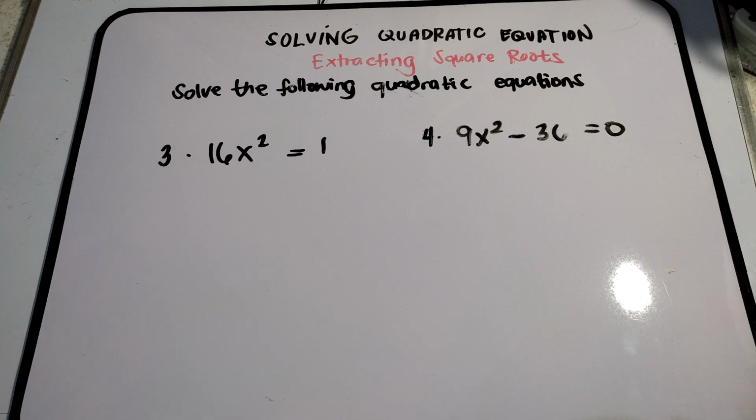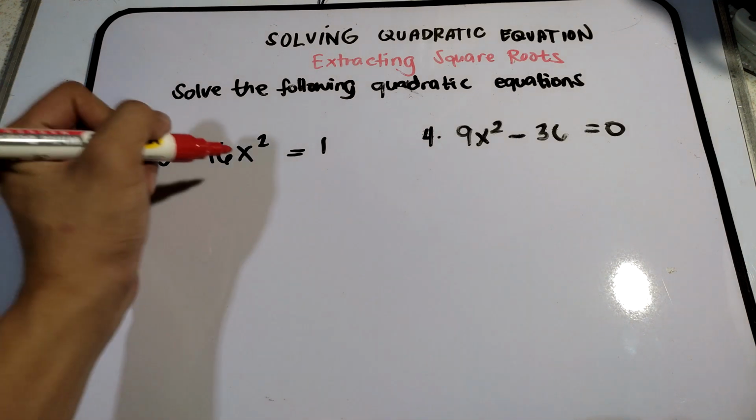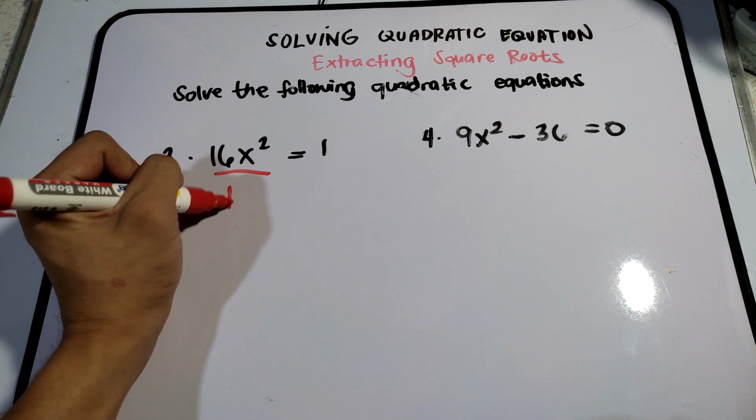Sa example number 3, 16x squared is equal to 1. Here, isolated na yung variable sa term. So, all we need to do here is to eliminate 16 dun sa x. So, we will divide both sides by 16.